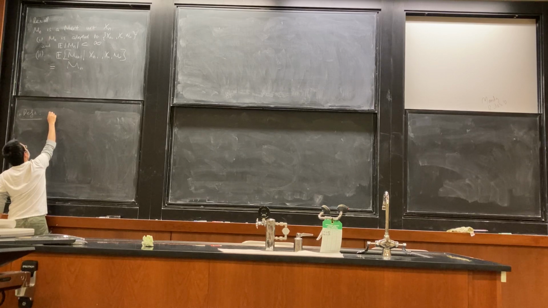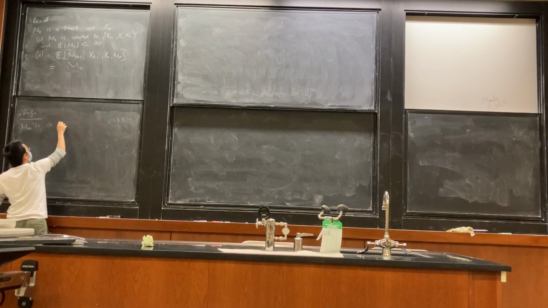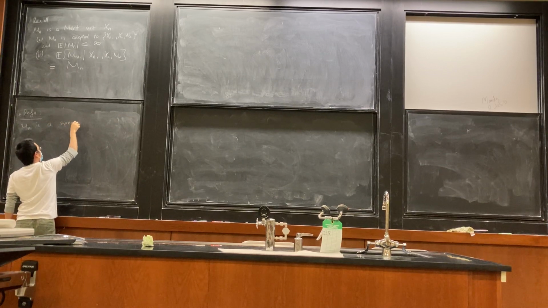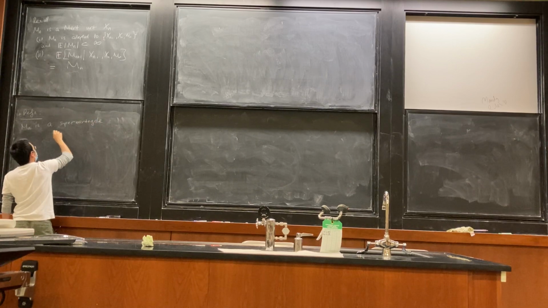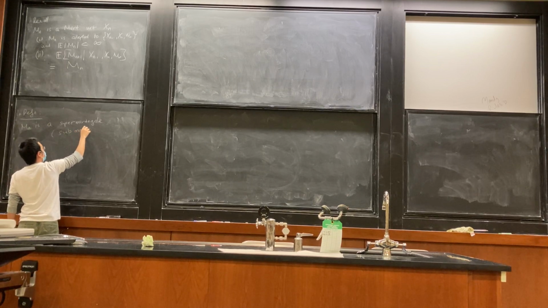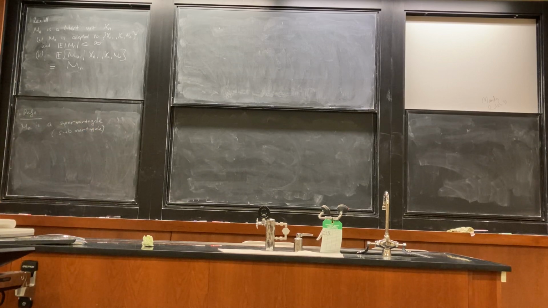So now the martingale Mn is a so-called supermartingale or submartingale if we still have the same conditions: number one, being adapted and having finite expected value of the absolute value.